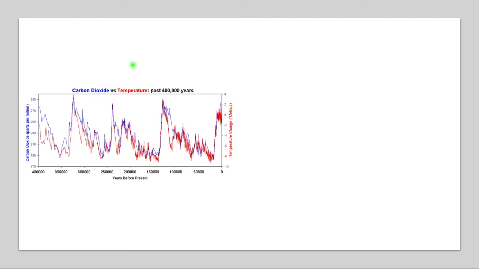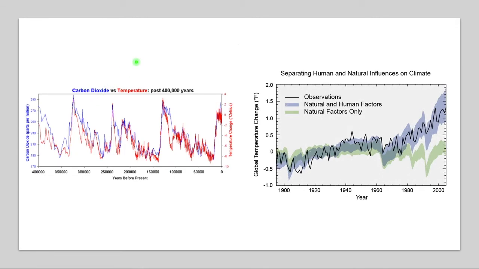But one thing that I want you to realize is we only focused on the natural influences of climate in this lesson. So this graph over here on the right allows us to flow into our next lesson. If you look at this green shaded section here, that would be the natural factors only. So the Milankovitch cycles, volcanic eruptions, solar flares, solar irradiance.